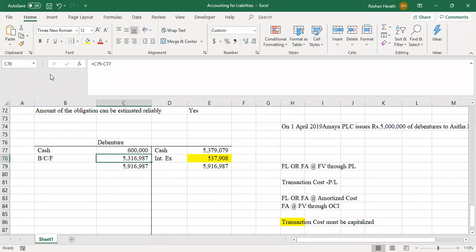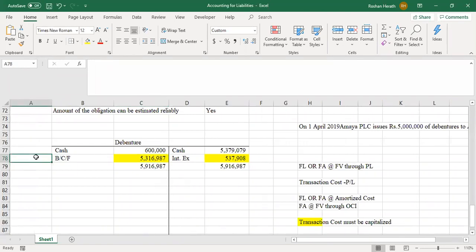It's 5,316,987. This is the carrying amount at the end of the year, right? And this is what we call the amortized cost. Amortized cost. So අපි amortized cost කියන්නේ මොකේද? මෙන්න මේ ලැබුණු අගයට තමයි අපි කියන්නේ amortized cost එක කියලා.